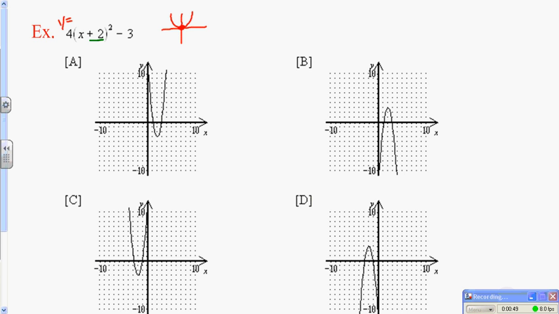X plus 2 means that it moved 2 units to the left. Minus 3 means it moved 3 units down. That means it went 2 units to the left, 3 units down. And this is the new location of the vertex.